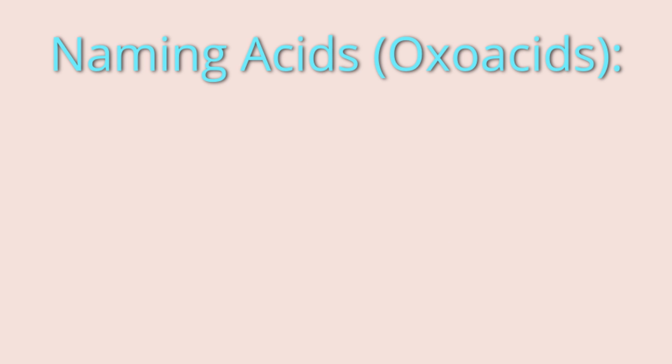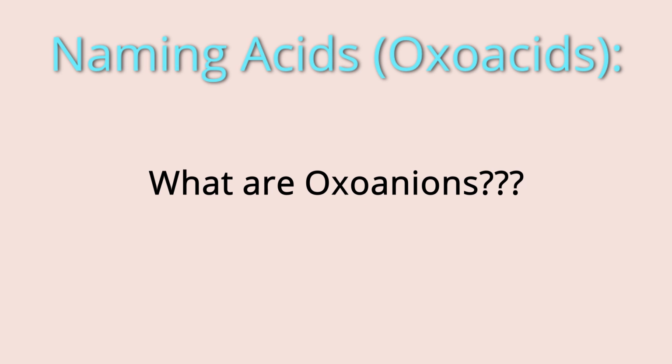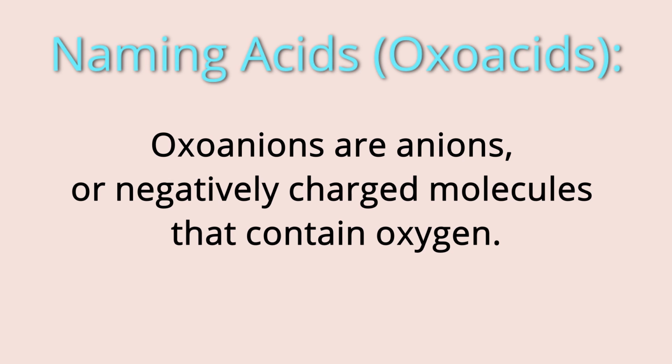The other type of acid that you need to know how to name are oxoacids, which are acids that are formed from oxoanions. So quick review. What are oxoanions? Oxoanions are anions, or negatively charged molecules that contain oxygen.